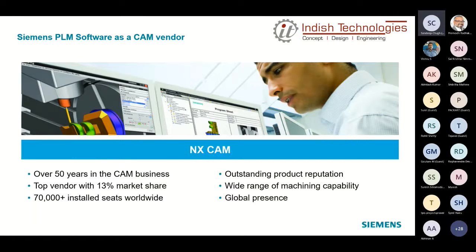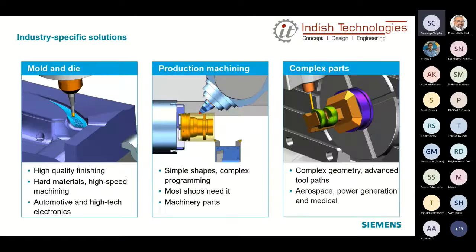It has been a priority for the users, right from single shop owners, expanded up to the OEMs. We have around 70,000 plus seats installed worldwide. And in any survey from CIMdata, from automotives, we occupy the number one position in the CAM industry.